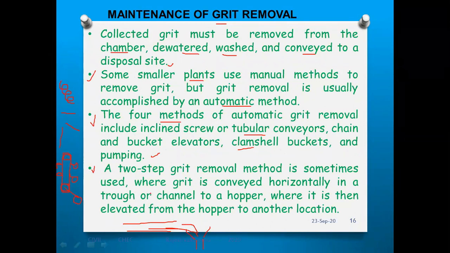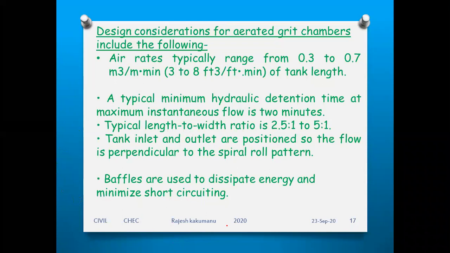It is removed horizontally in a trough or channel where it is then elevated from the hopper to the other location, right?